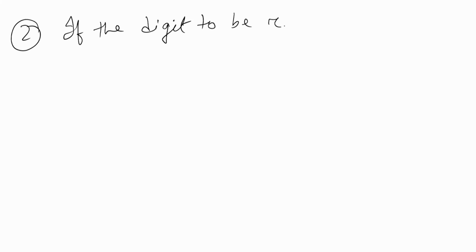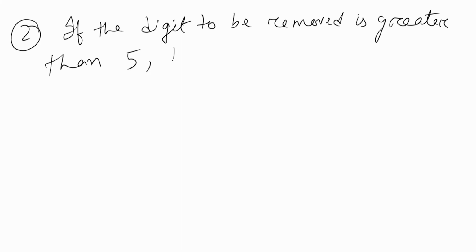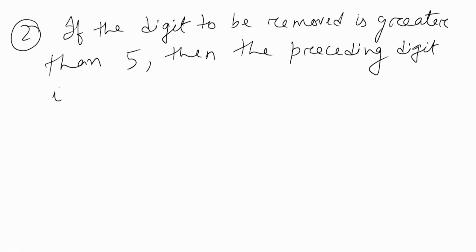Okay. Now the second rule says, if the digit to be removed is greater than 5, then the preceding digit increases by 1.